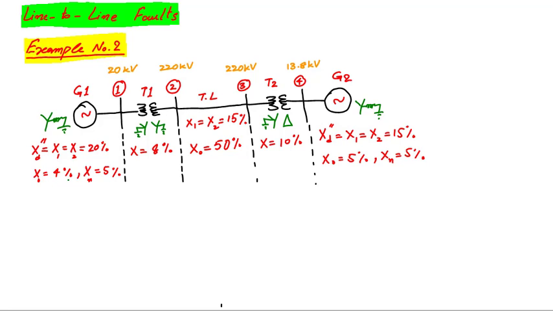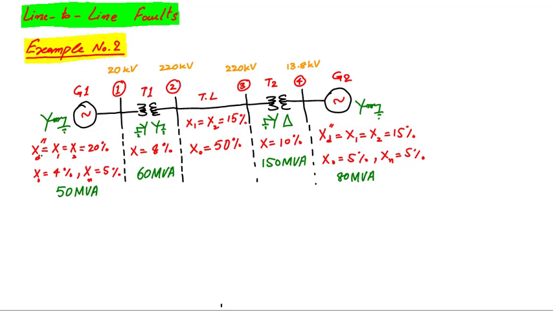So for generator 1, it is given that it is rated at 50 MVA, transformer T1 60 MVA, transmission line, its reactances are calculated based upon 220 kilovolt and 100 MVA. So it is given in the statement. Transformer T2, its power rating is 150 MVA and generator 2 is rated at 80 MVA.